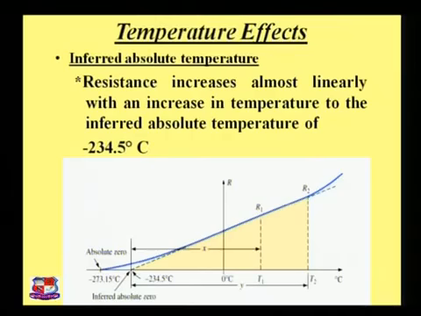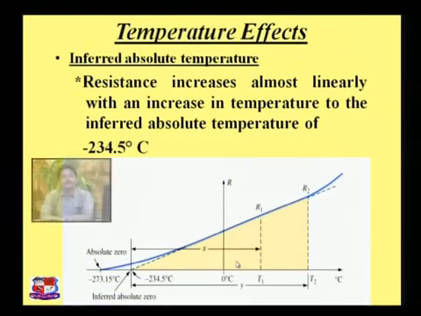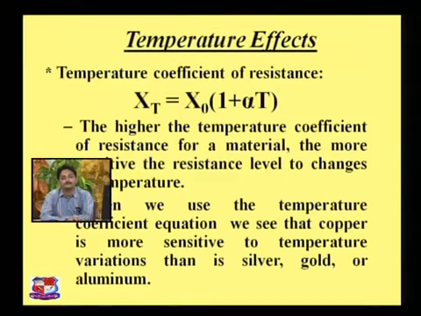We get the linearity down to the inferred absolute temperature, minus 234.5 degrees Celsius. Here you can take the relation between the resistance levels R1, R2, R3 up to Rn with respect to the temperature. As per that observation, the resistance level changes as the temperature changes.